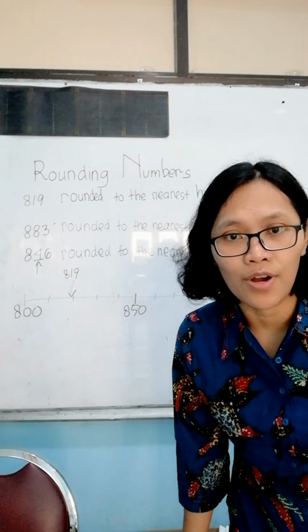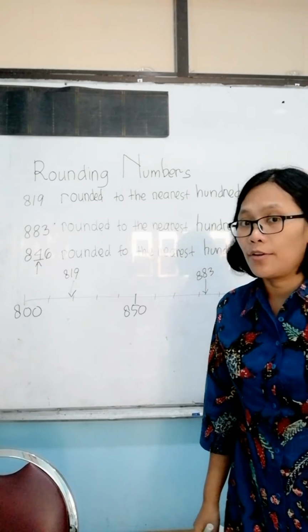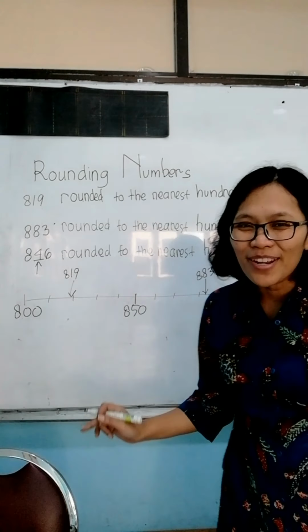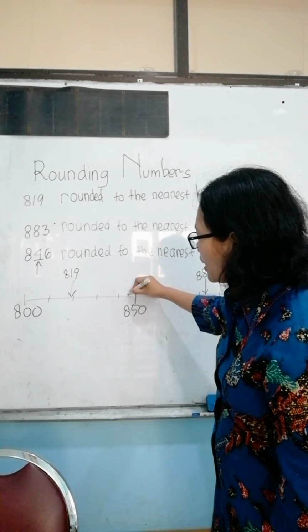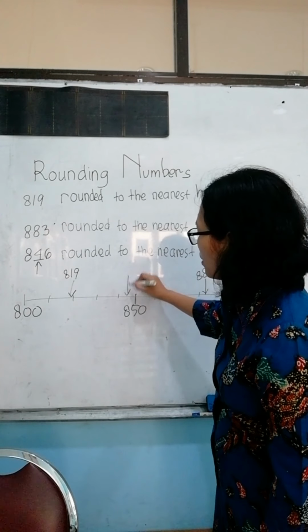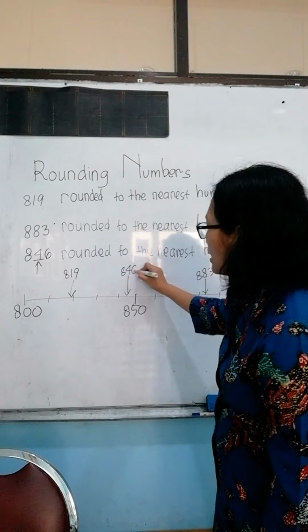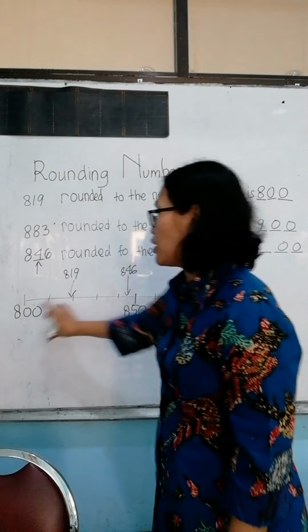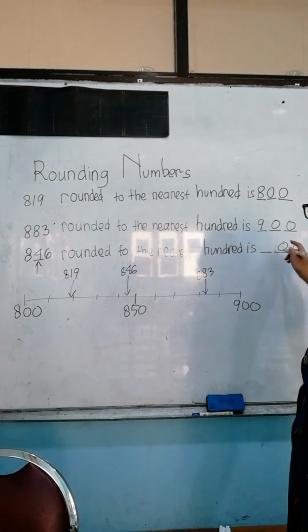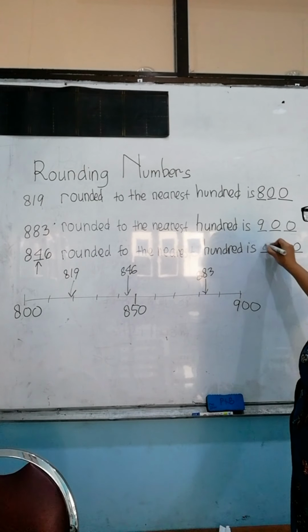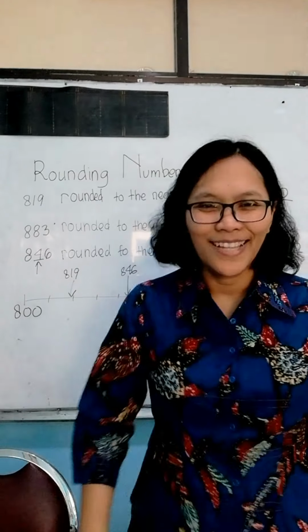It is less than 5. If it is less than 5, it means you have to round it down. And 846 is here, by the way, and it's closer to 800 than to 900. So our answer is 800.